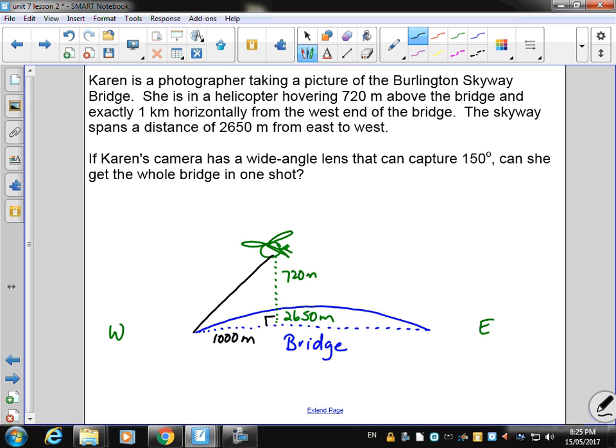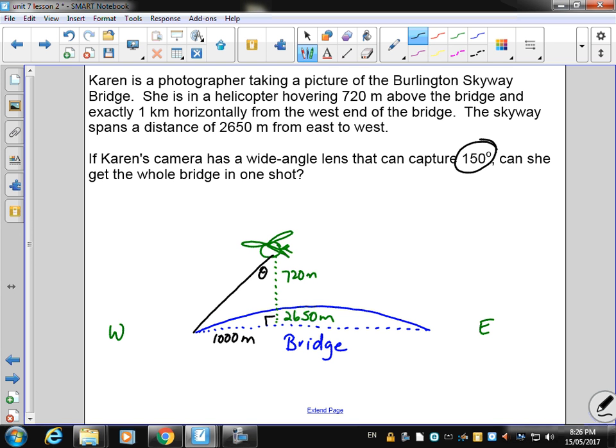Okay? We want to know if this 150 degrees can get the whole bridge in one shot. So let's work with this left triangle first and see how many degrees her lens requires to take the 1,000 meters in. So I want to find this part of the angle and see how many degrees we'll swipe that portion of the triangle.